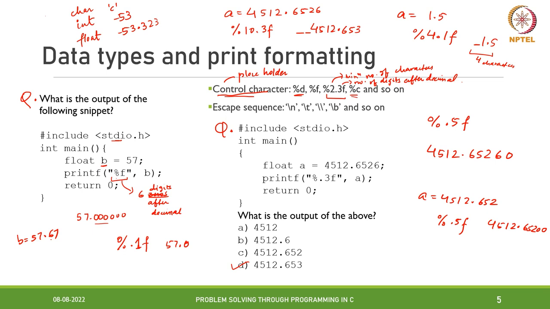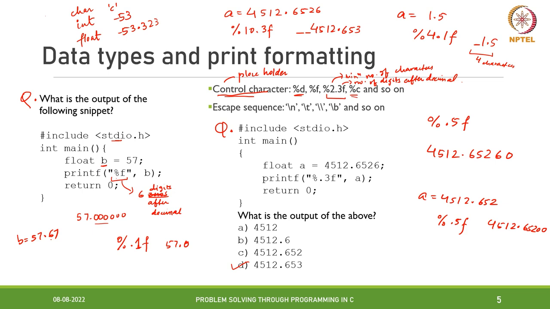Are you able to understand that? Yes, sure. So basically, when you are trying to print through a printf statement, it considers the number of characters that you are giving it.